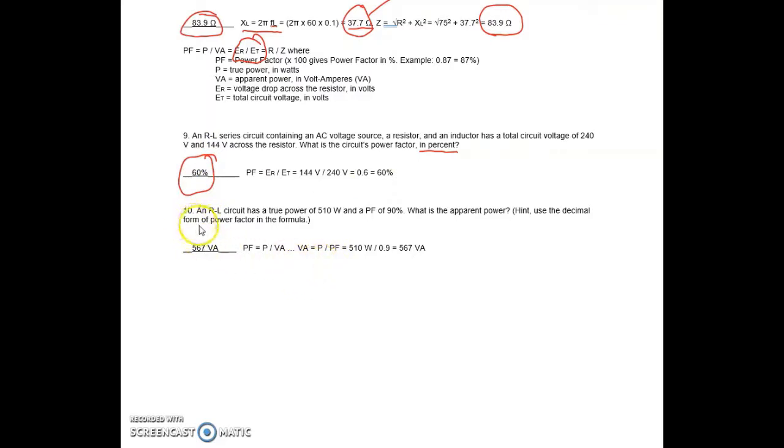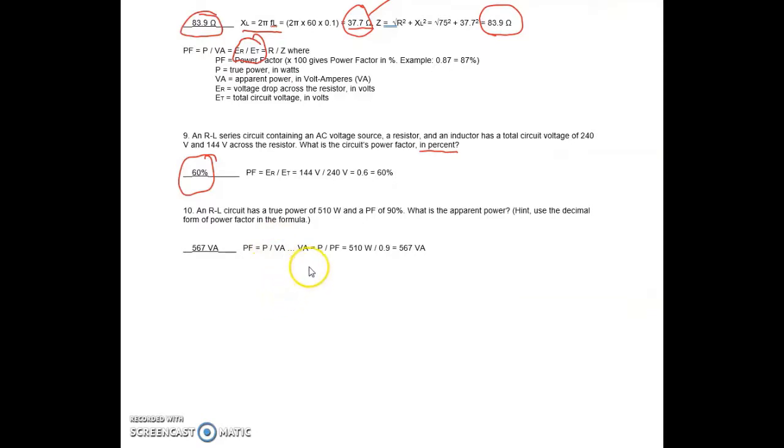Number 10. A resistive inductive circuit has a true power of 510 watts and a power factor of 90%. What is the apparent power? We have a hint here, use the decimal form of power factor in the formula. So from up here, we have this formula. Power factor equals true power divided by apparent power. We need to solve for apparent power.